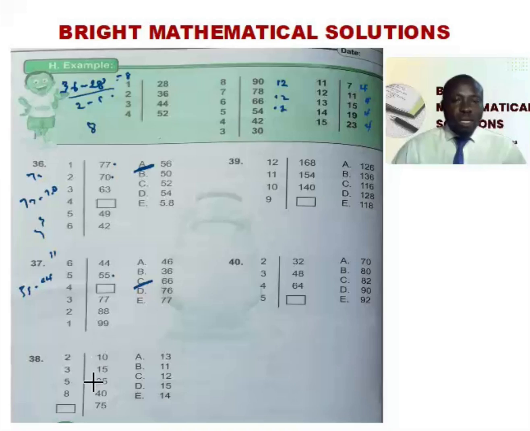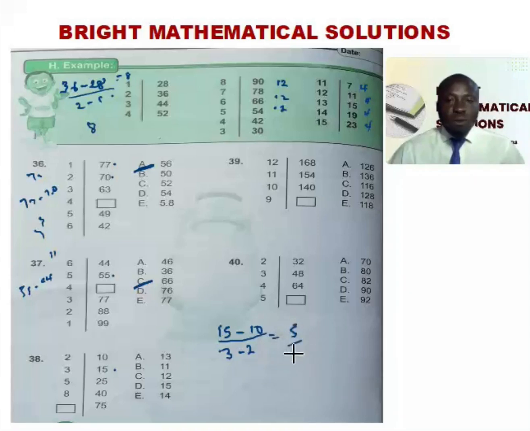The resultant as well is also increasing, showing a geometric progression rate. Now when we have something like this, how do we deal with it? Now we have 15. Let us start from this. 15 minus 10 over 3 minus 2. That is 5 over 1, which is 5.